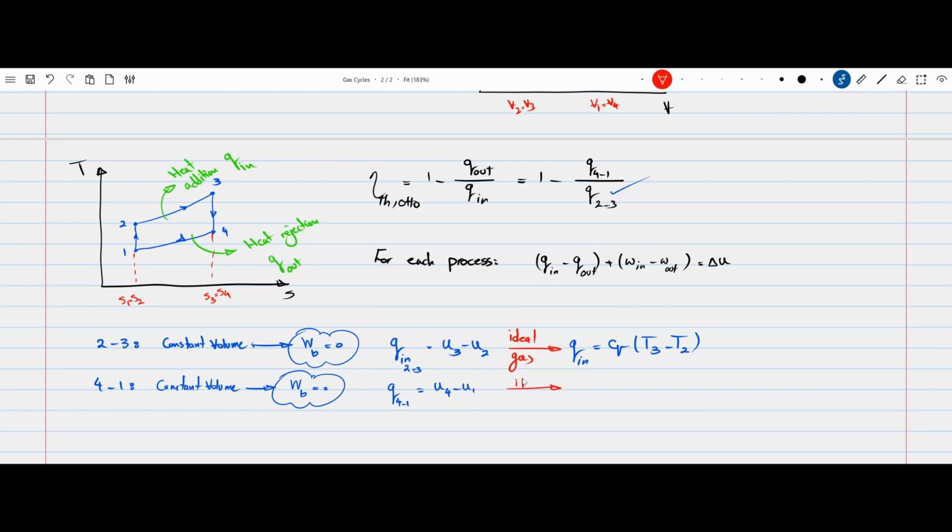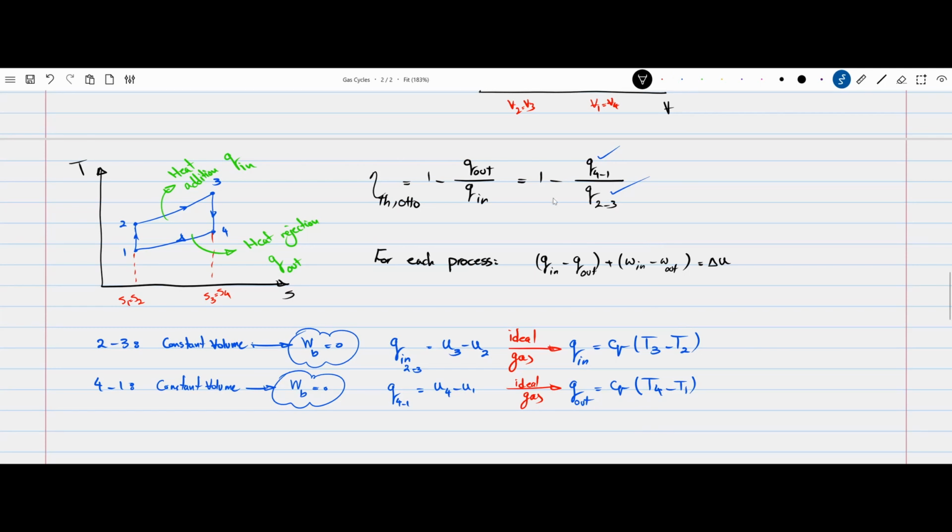For an ideal gas again, the change of internal energy can be approximated by CV (T4 minus T1). So now I have the Q from 4 to 1 as well.